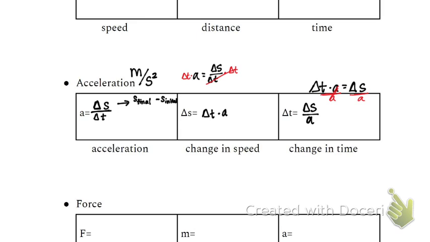Let's say you're driving, let's be responsible and go 45 miles per hour and abruptly stop.